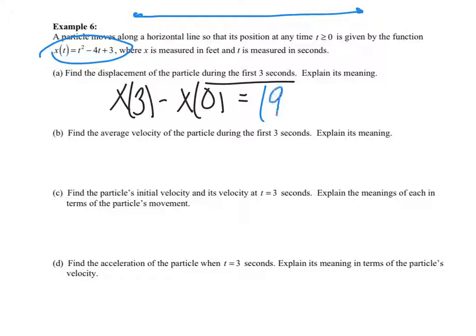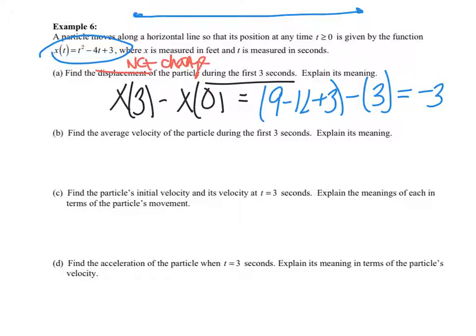So what does that get me? 9 minus 12 plus 3, minus the position at 0, which is just 3. So that looks like a total of negative 3. So my displacement, or another word for that, maybe make a note for yourself, the net change, is negative 3.